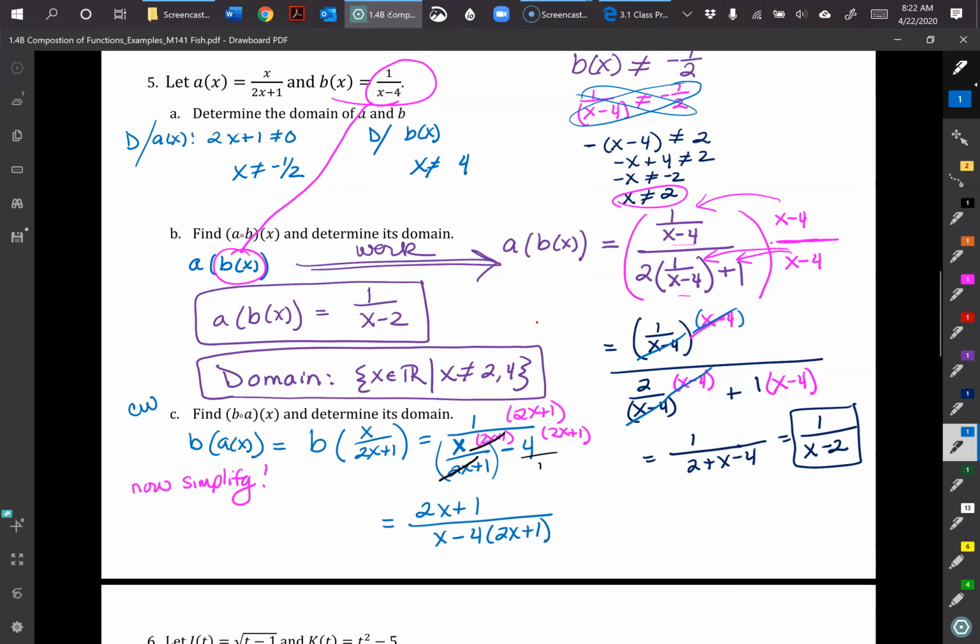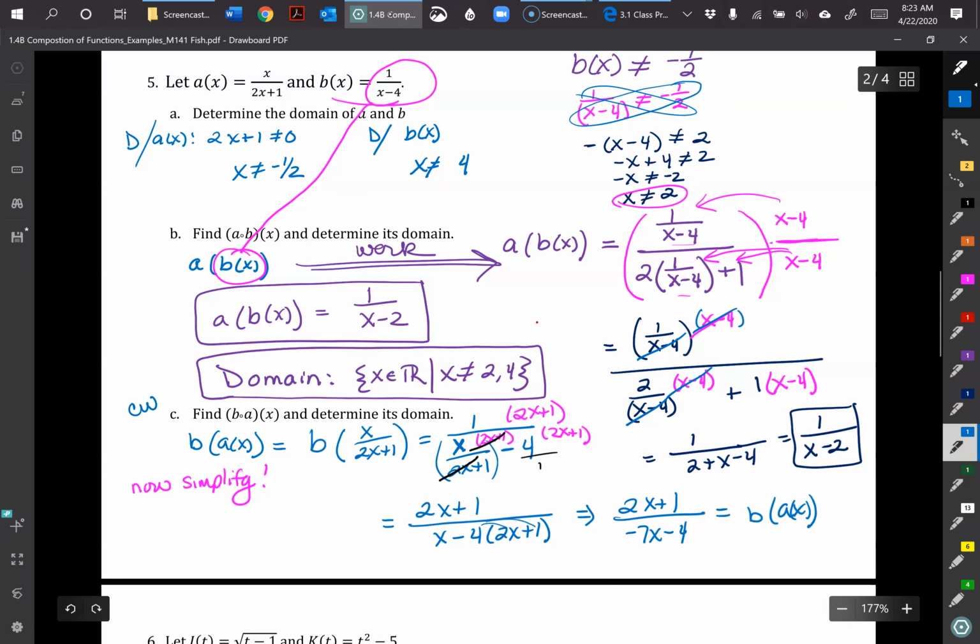And then that can simplify down to be 2x plus 1 over negative 7x minus 4. I just have to distribute this and then calculate. So this is my b of a of x, my final answer.